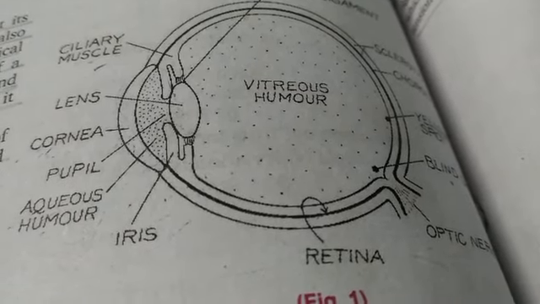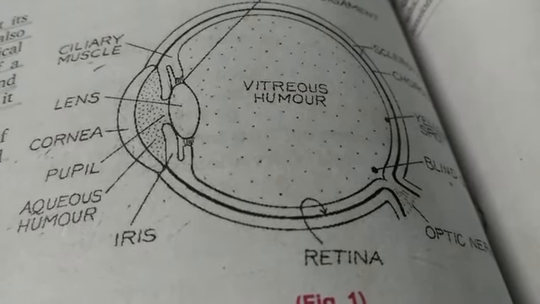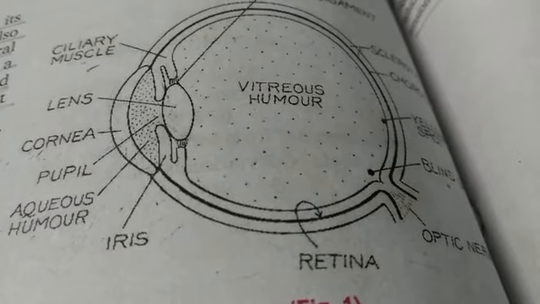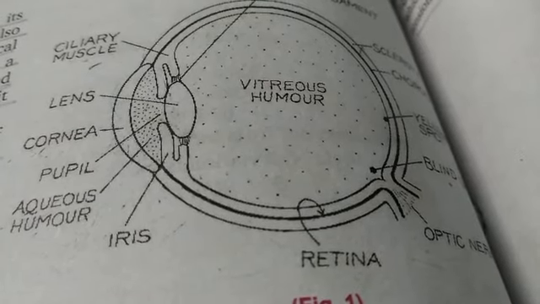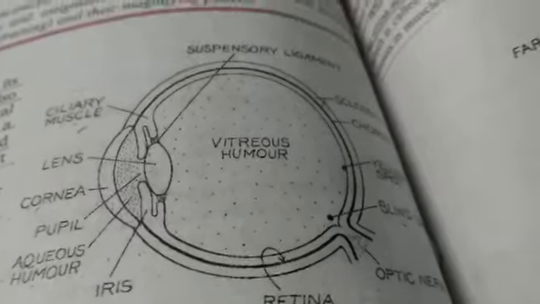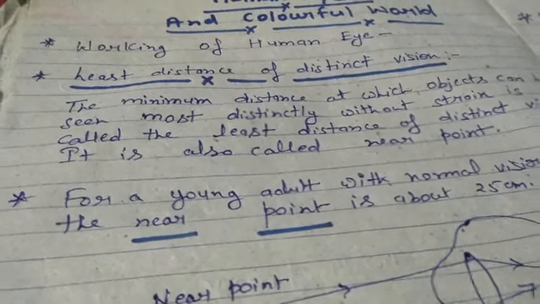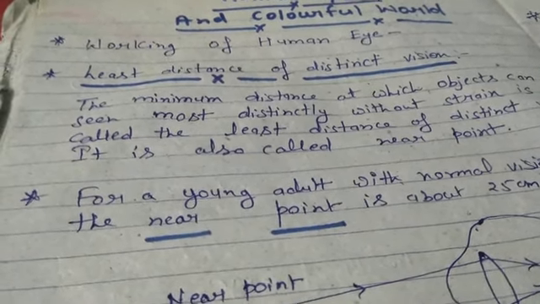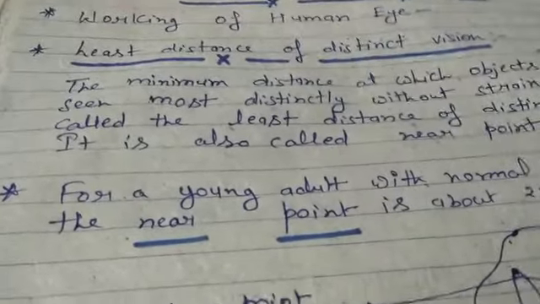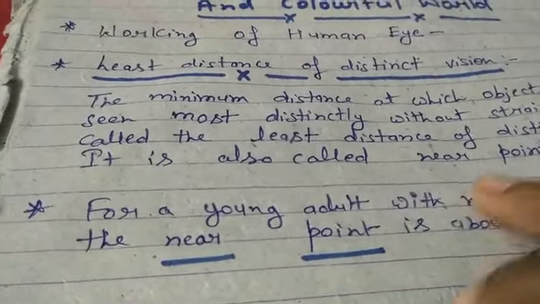So when anybody looks at an object, the eye automatically turns in a way that the image is formed on the yellow spot. So after the working of eye, let's read about some terms.